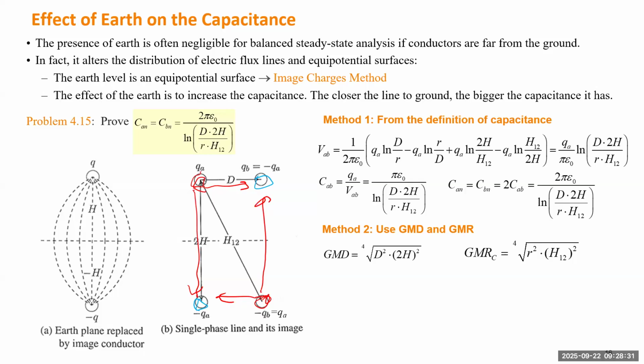Finally, we need to consider all combinations. So we have the product of the 2 Ds, and we also have the product of the 2 Hs. Then we calculate the average. So this is the GMD. The GMR is the mean distance within each group.